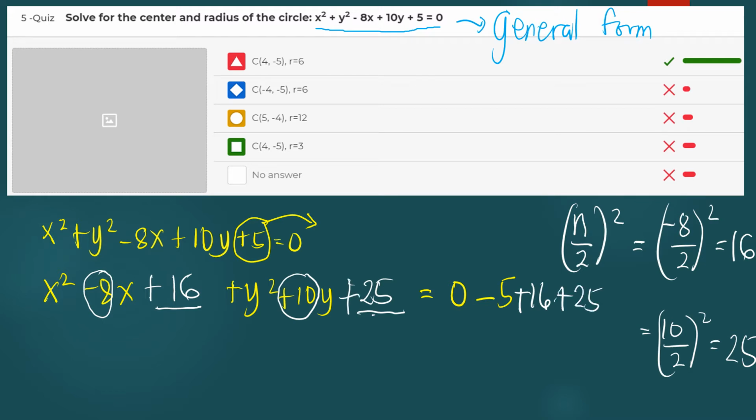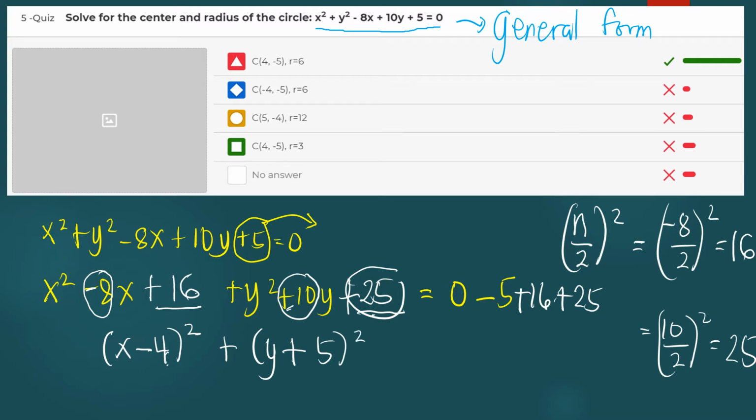Okay? So if you're going to simplify this, that will be x, following the sign of the middle term, minus 4 squared, plus, we have y, following the sign of the middle term, plus the square root of 25. This 4 is from earlier, we got the square root of 16, that will be 4. Square root of 25 will be 5.